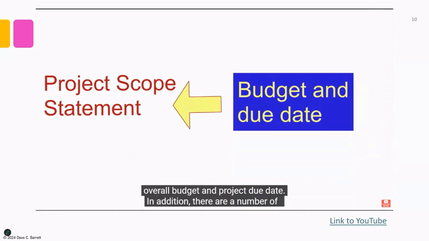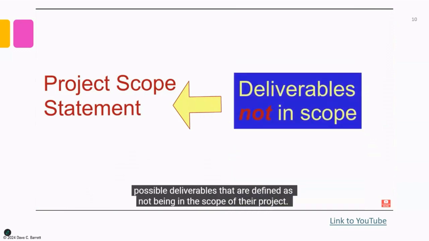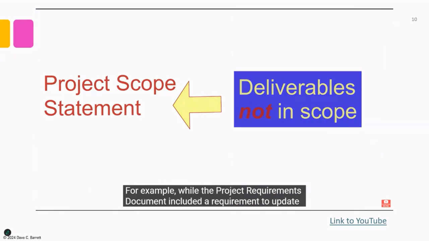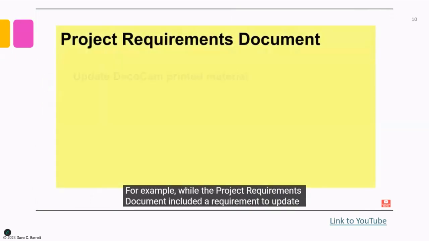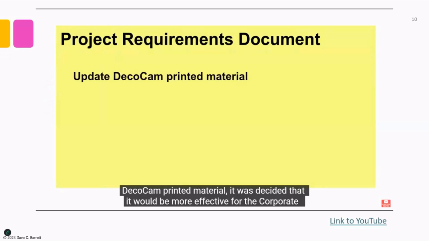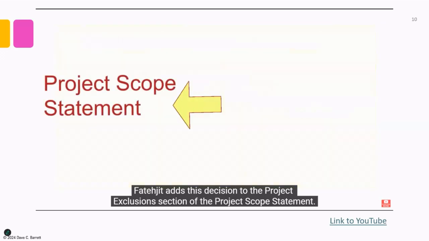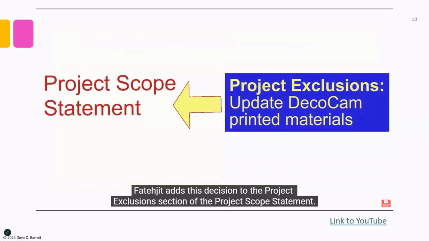In addition, there are a number of possible deliverables that are defined as not being in the scope of their project. For example, while the project requirements document included a requirement to update DecoCam printed material, it was decided that it would be more effective for the corporate promotions department to perform this task. To ensure this decision is documented, Fattyjet adds this decision to the project exclusion section of the project scope statement.